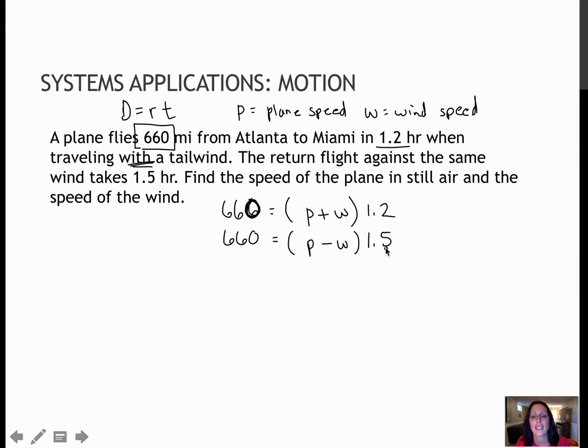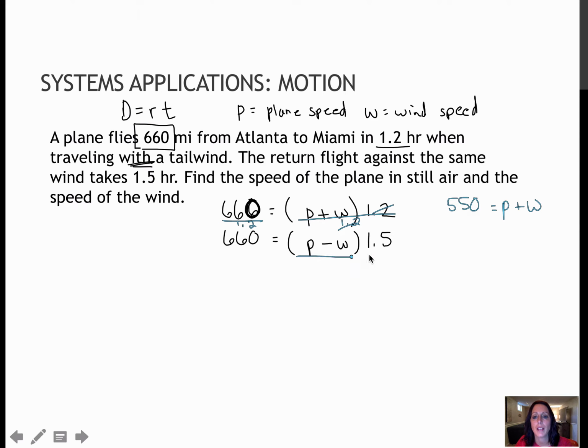And in this case, it's actually easier, instead of distributing the 1.2 and then trying to isolate a variable or solve by substitution or elimination, I'm actually going to divide this whole side by 1.2 and divide this whole side by 1.2, because the 1.2 on the right will cancel, and that will just leave me with P plus W. On the left, 660 divided by 1.2 gives me 550.